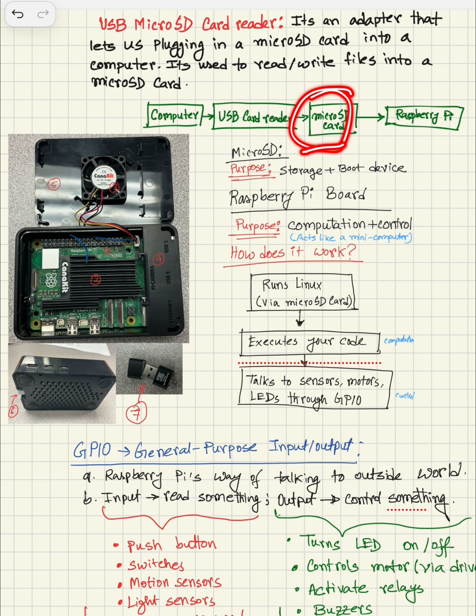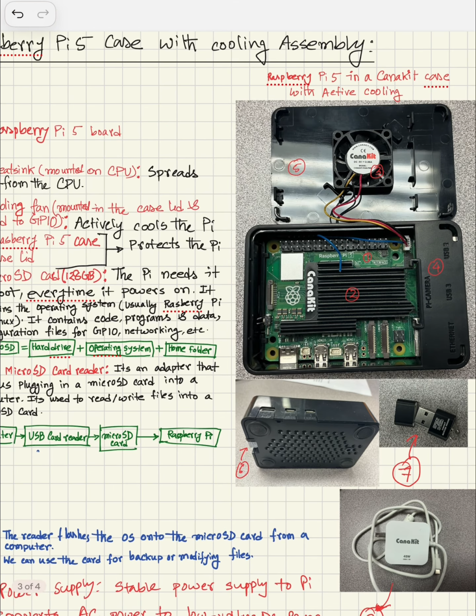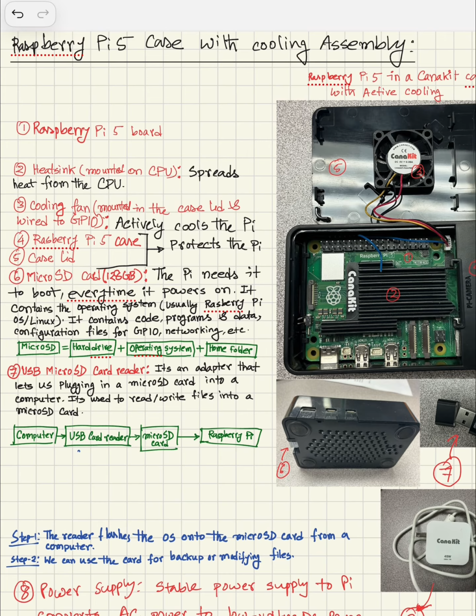So what information can it hold? Let's go to the other page and see. This micro SD is basically a combination. We can consider it as a combination of hard drive, operating system, and also home folder for a computer.